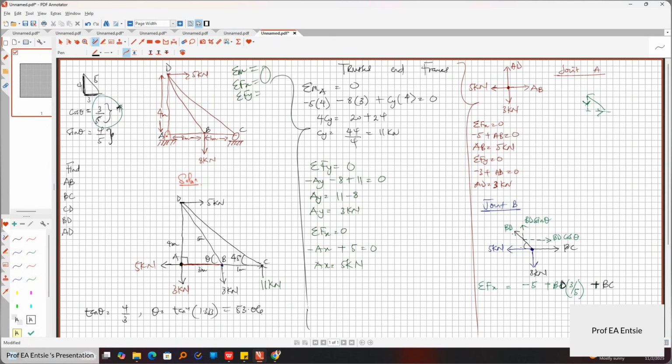You see? Yes, BD cos theta. So now let's simplify this. It will be 3 over 5, and this is equal to 0 because we know summation of Fx is 0. So 3 over 5 BD plus BC is equal to what? Is equal to 5. Equation 1.